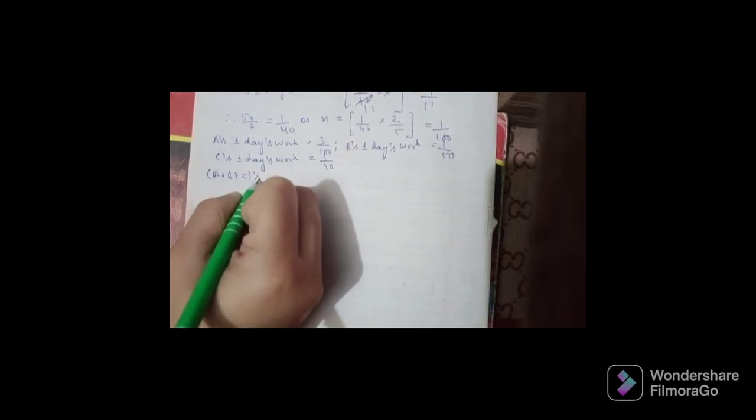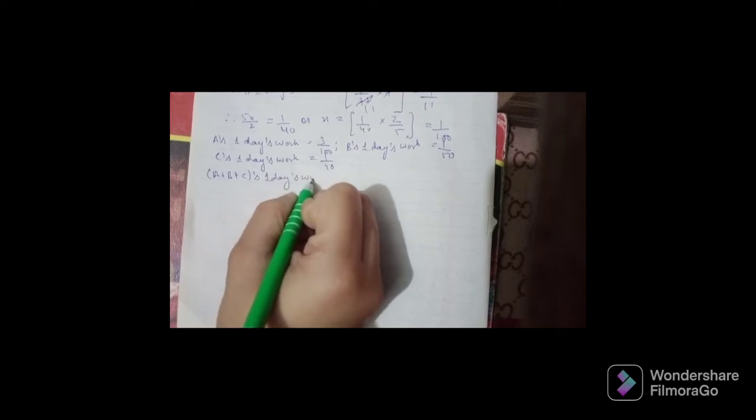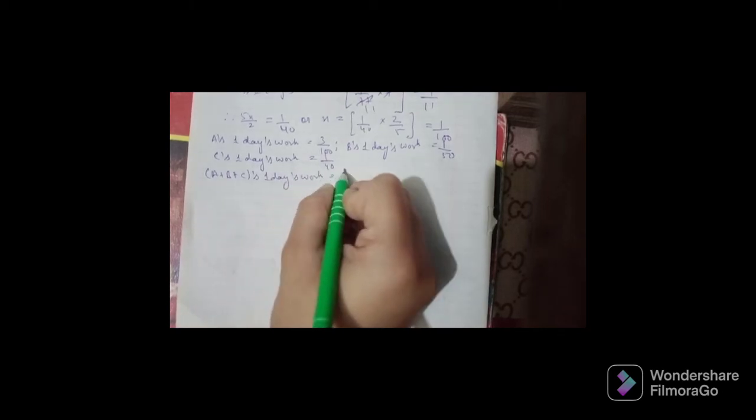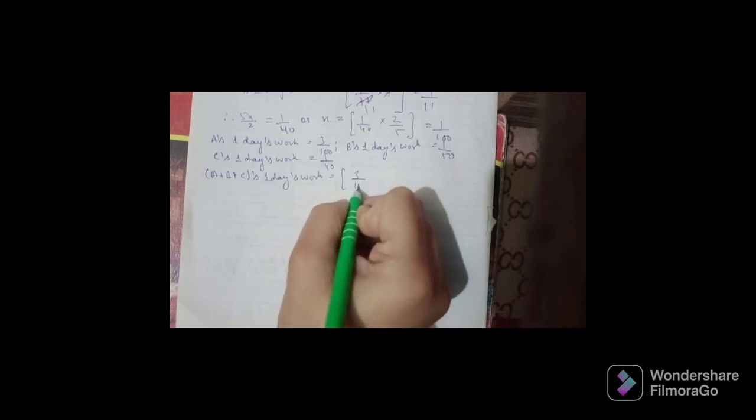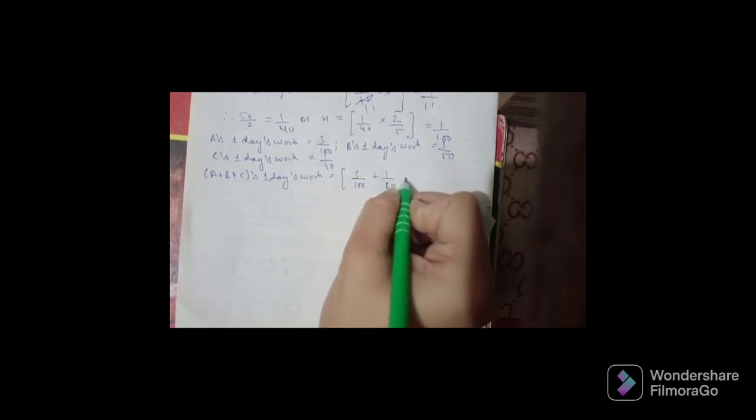So A plus B plus C's 1 day's work equals 3 upon 100 plus 1 upon 50 plus 1 upon 40 equals 15 upon 200, which will give you 3 upon 40.